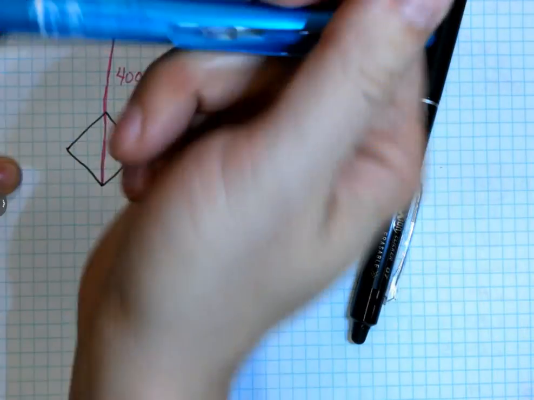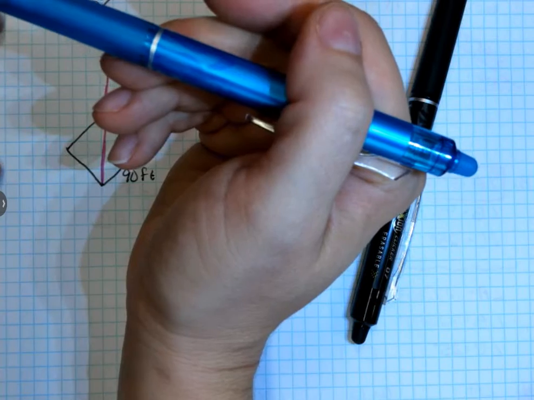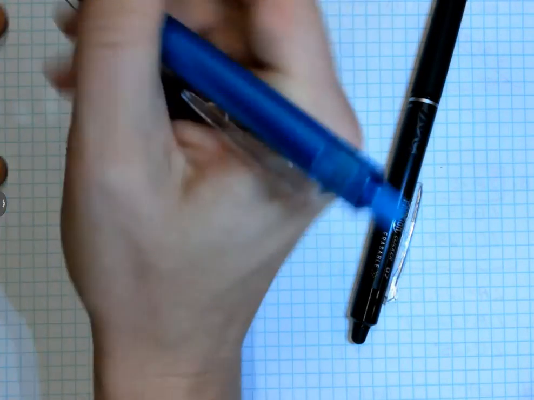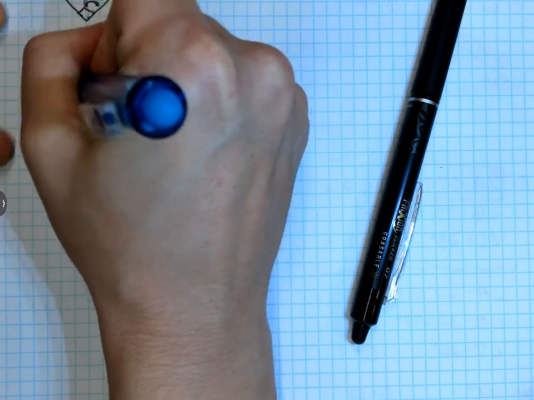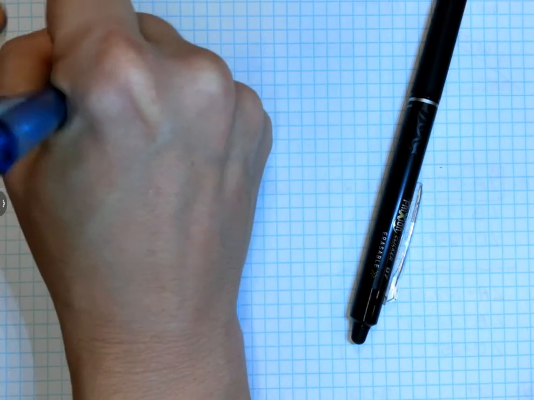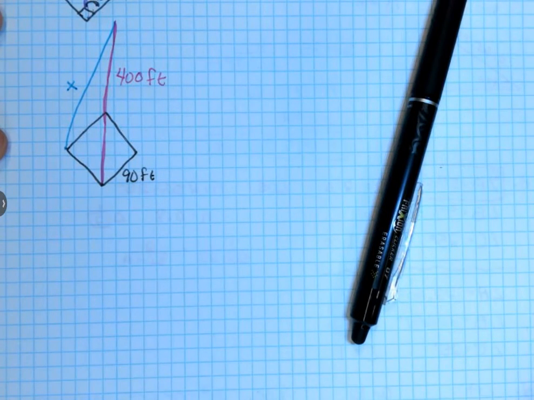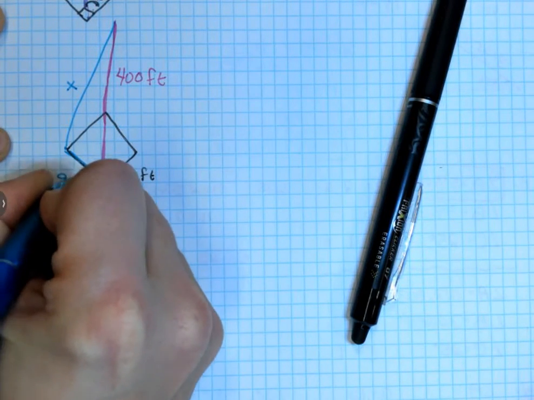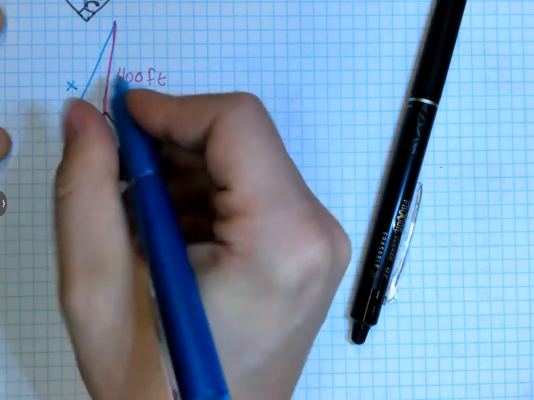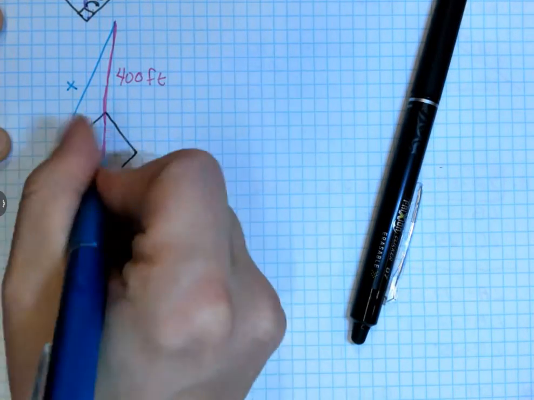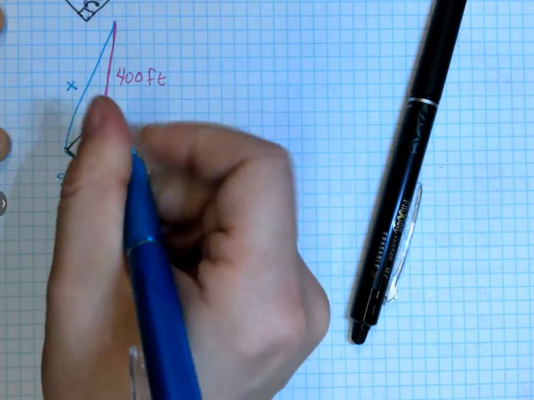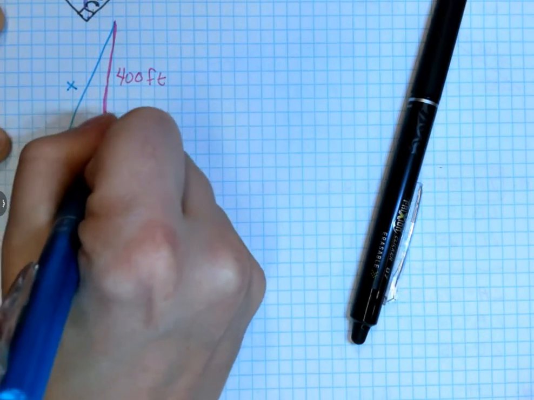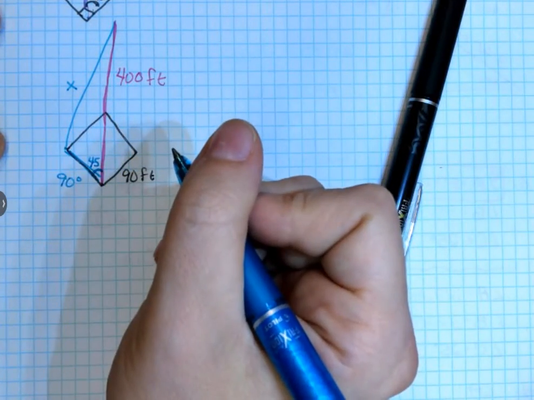How far is it from dead center to third base? So that's what I'm looking for. What's this piece over here going to be? 90. Now, if this is cutting straight across my square, what is that angle here going to be? 45.